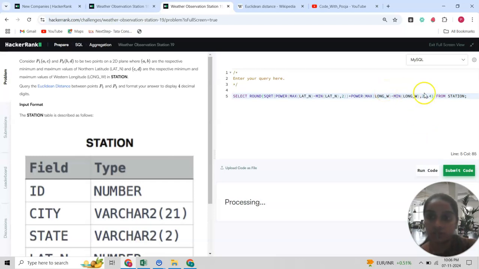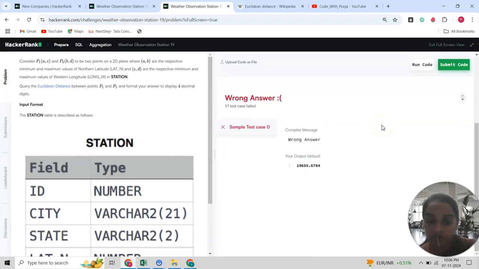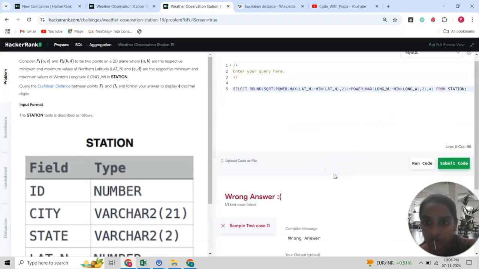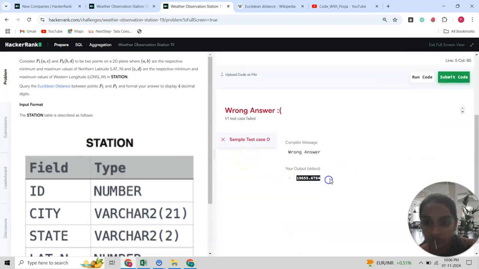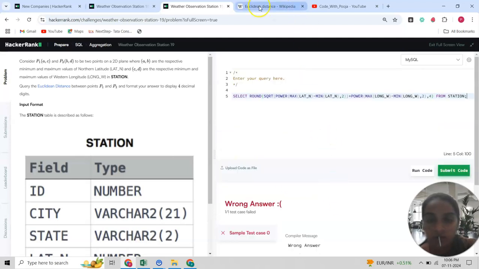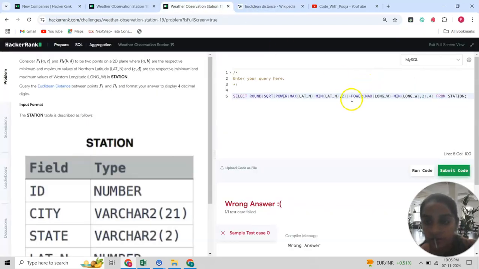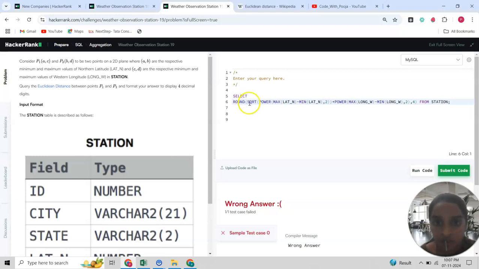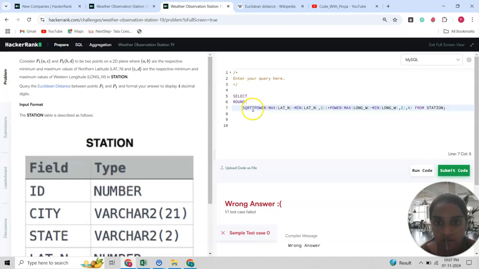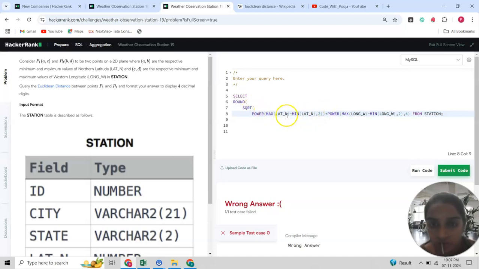So in SQL, brackets are also causing me a wrong answer. Why is it giving a wrong answer? Let's check. Four decimal points. We have to add here. So SQRT's power function. Here is the error because of this arrangement. I will separate it one by one.